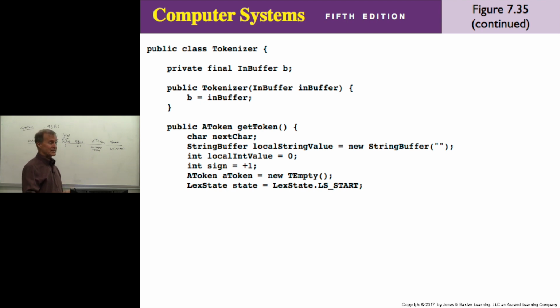So if it's named get token, what will it return? An abstract token, because we don't know which kind. That's what's so slick about this. We are returning an abstract token because we don't know what kind of token it's going to be. That will vary at runtime. Polymorphic dispatch, we're going to use polymorphic dispatch in a minute. Does everybody see how that works?